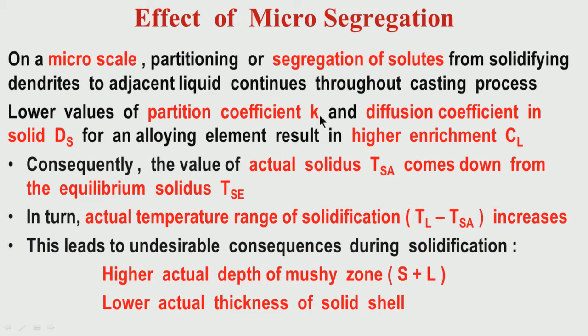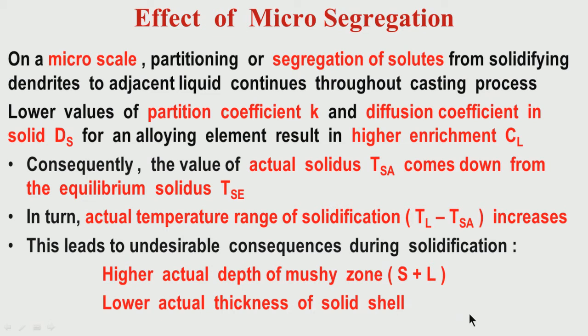The lower value of small k and lower value of diffusion coefficient in solid Ds will increase enrichment Cl, that means more segregation, and the more the segregation, the lower will be the actual solidus, and the lower the actual solidus, the more will be the actual solidification range, and because of this the depth of the mushy zone increases at the cost of the solid shell during solidification. Depth of the mushy zone is increasing, solid shell is becoming less. This is a consequence of segregation.